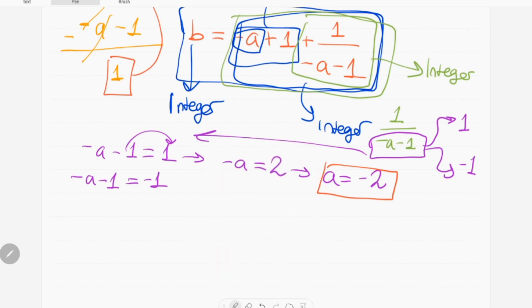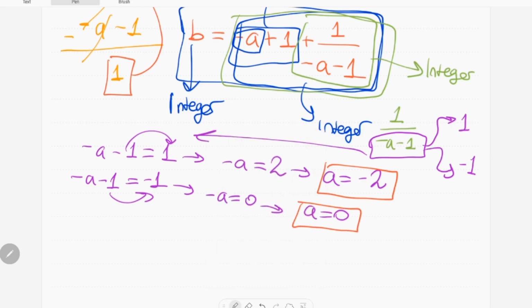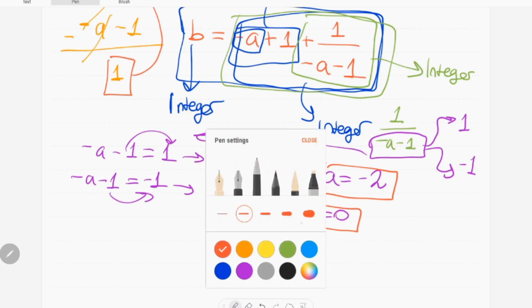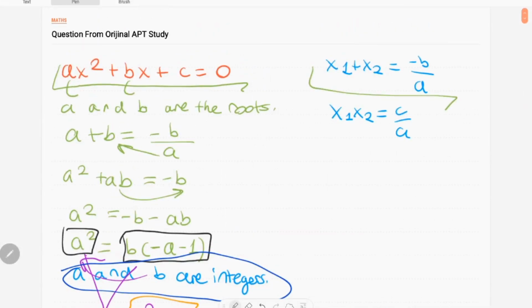Okay, let's keep going. In the other case, minus a is 0, so a is 0. Which one am I going to use? We are going to take a look at our main equation. This was our equation, right?